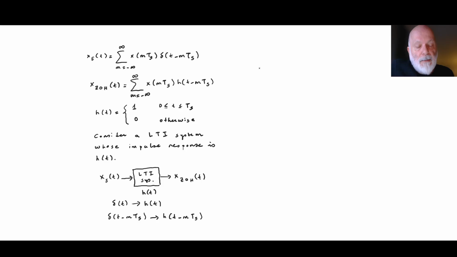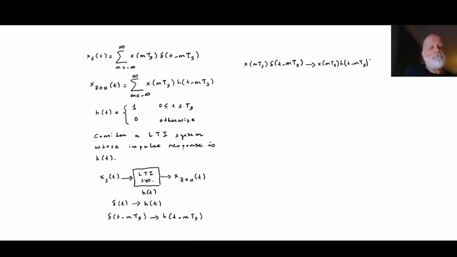So x of m Ts delta of t minus m Ts will give us the output x of m Ts h of t minus m Ts.